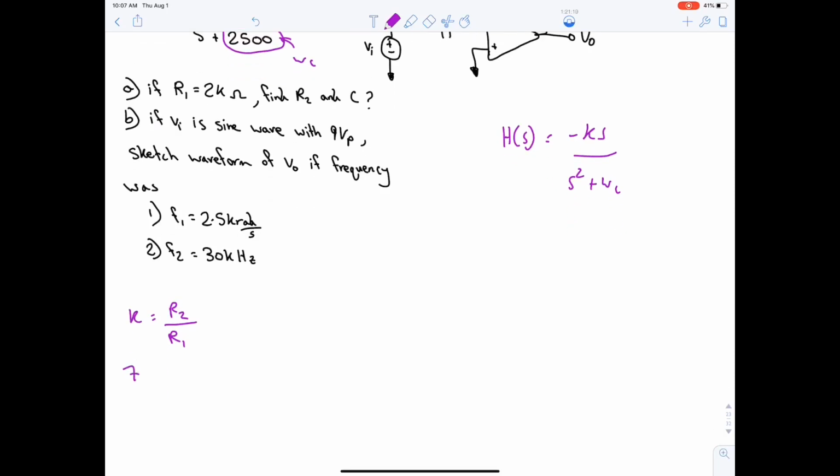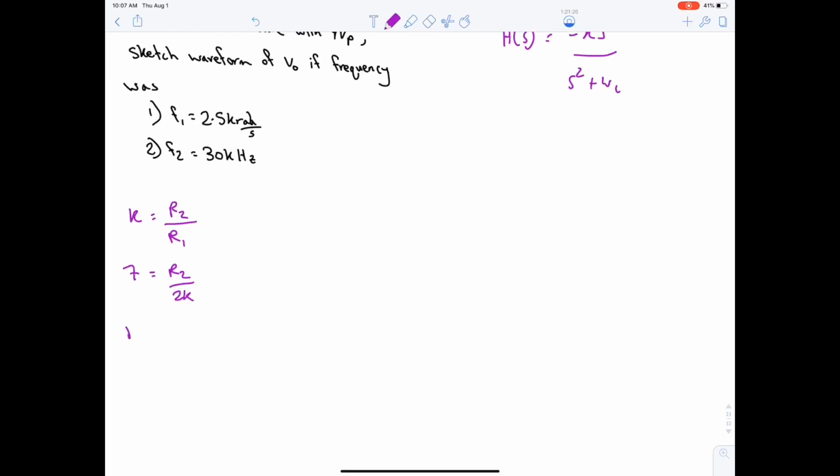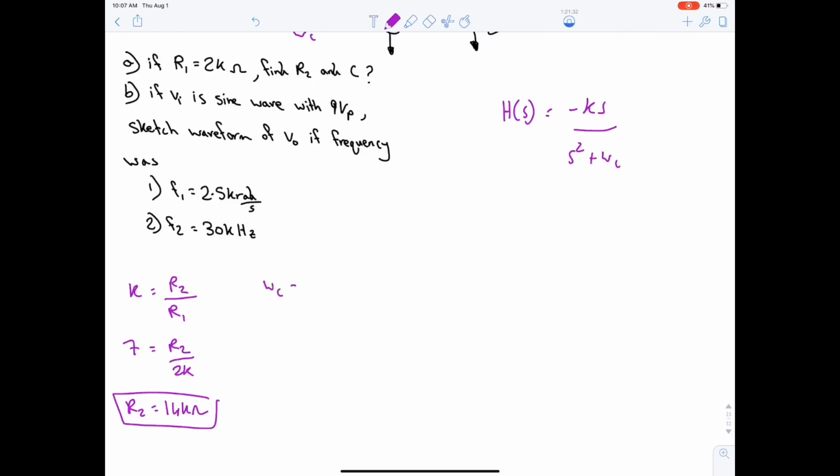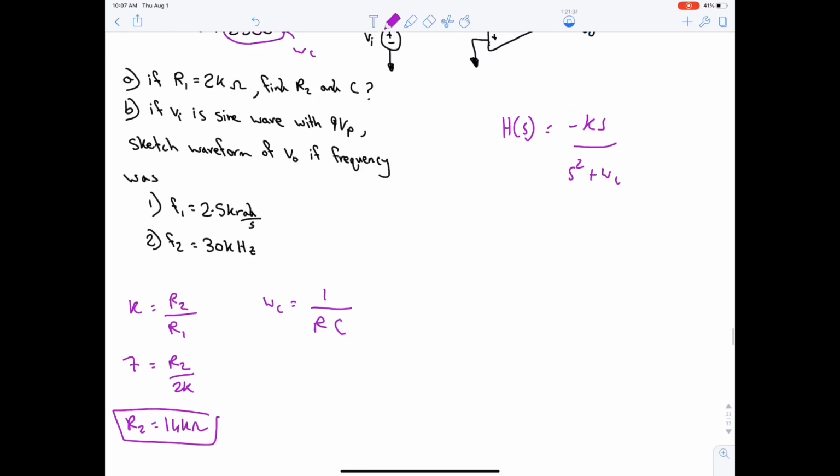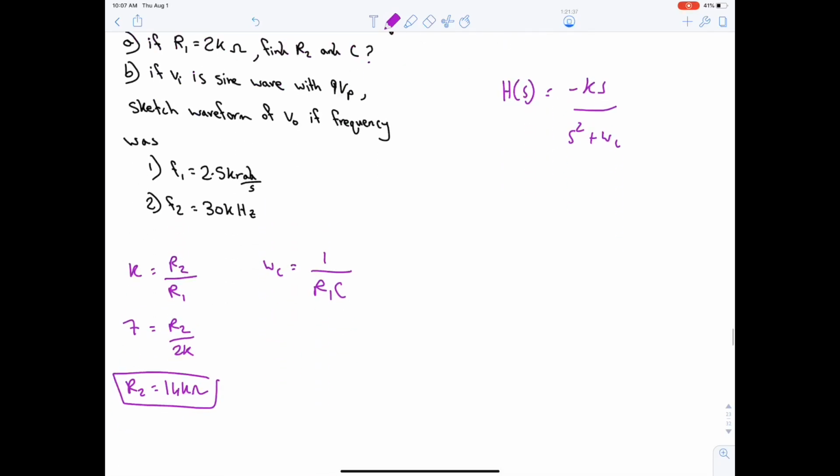K is 7, R2 is unknown, R1 is 2 kilo ohm, hence R2 is 14 kilo ohm. Then omega C is equal to 1 over R1C.